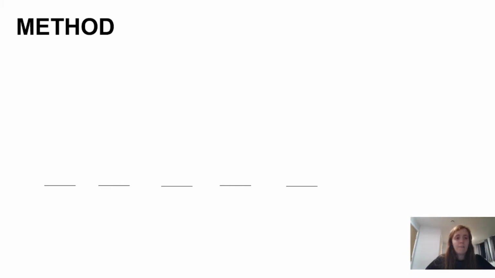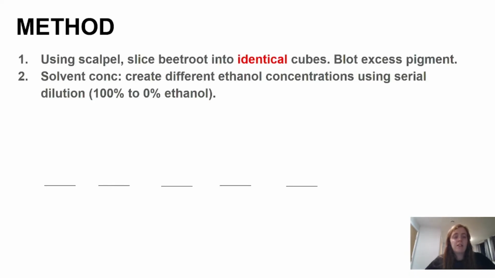In terms of the method, first of all, using a scalpel, you would get your beetroot and cut it into cubes, probably about 6 to 10 cubes. It depends on how many repeats you want to do. The really important thing to remember is that these cubes need to be identical in shape, because that would affect the amount of pigment that could come out.